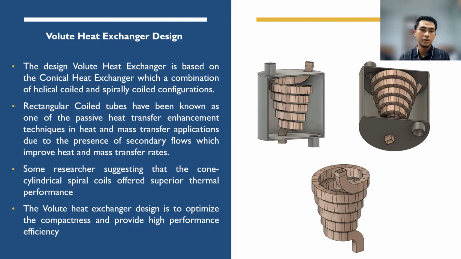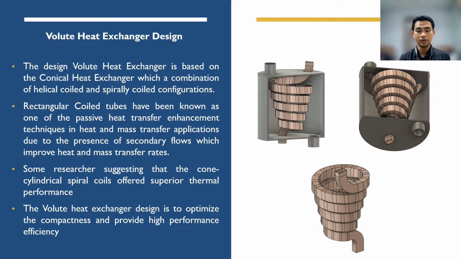For this design, I will develop the heat exchanger based on the volute design, called the volute heat exchanger. The volute heat exchanger is based on the conical coil heat exchanger, which is a combination of helical coil and spiral coil configurations, as shown in the figure beside.